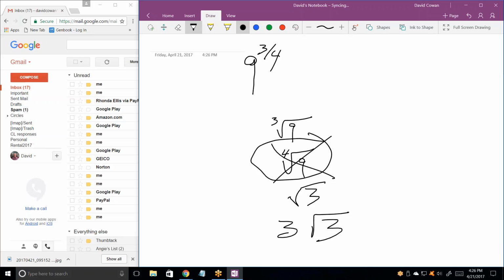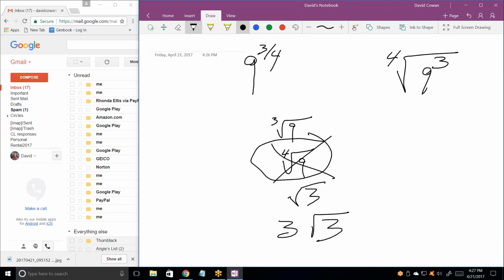Okay? And that's exactly what we're looking at, the 4th root of 9 cubed. In other words, that's another way of writing 9 to the 3/4.